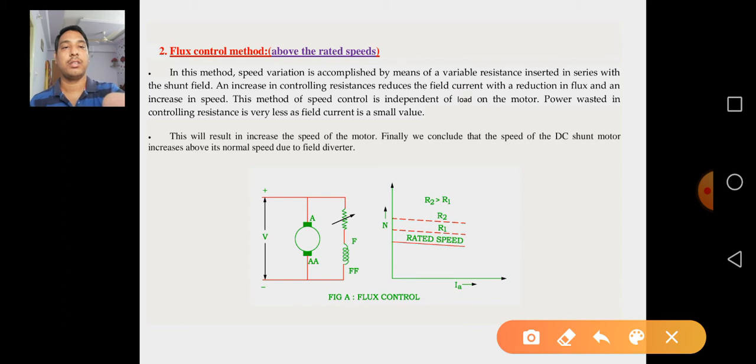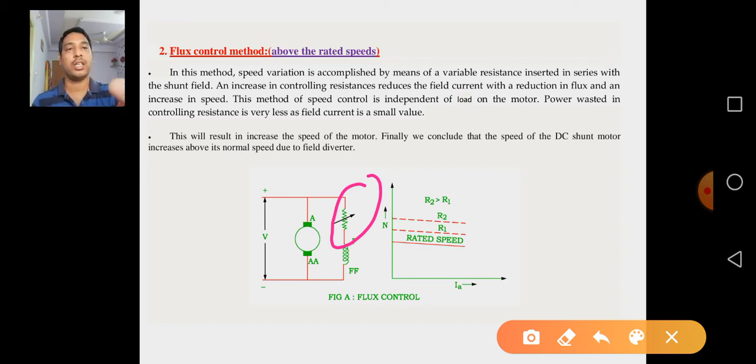So here, field rheostat control. Similarly here also I am going to increase the resistance. If R1 has the value of some X and R2 has the value of X plus 1, that is more than the R1 value.